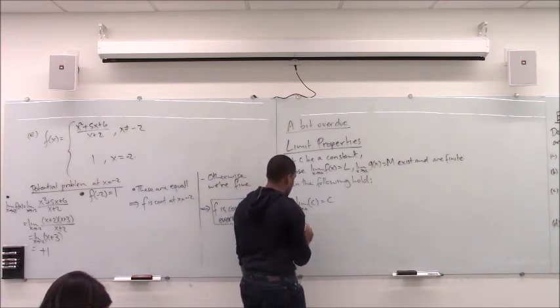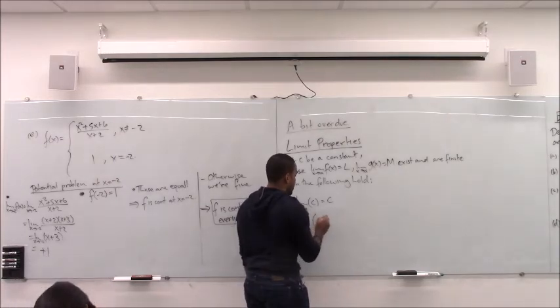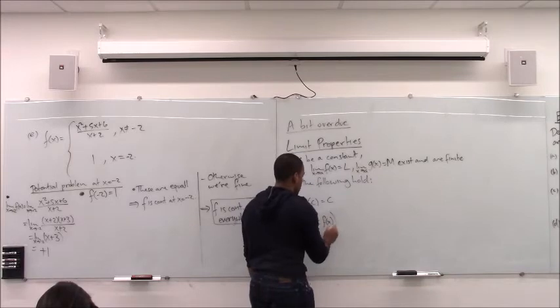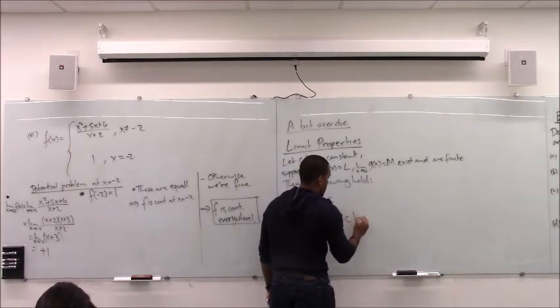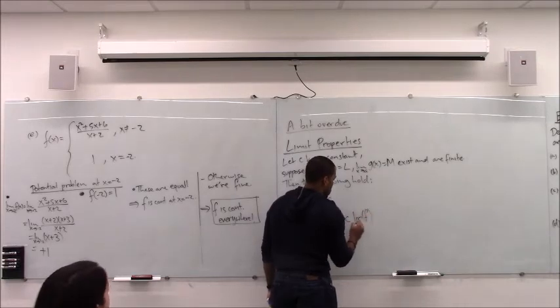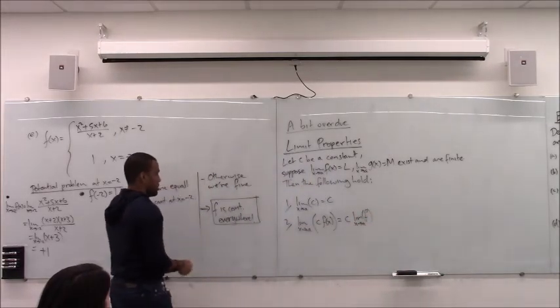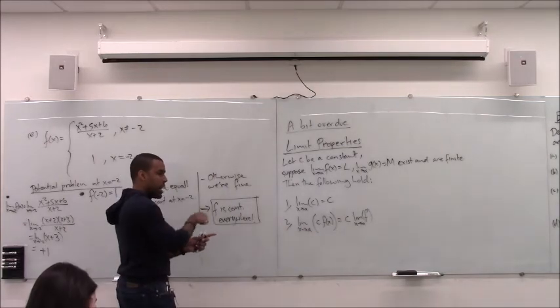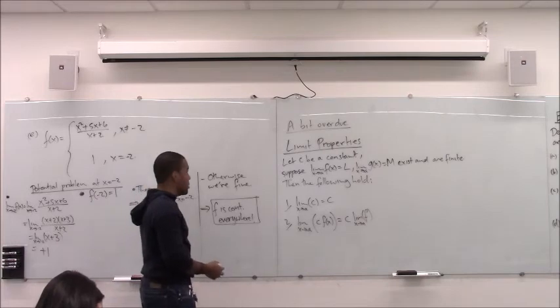Here's another thing you should know explicitly. If you have a constant times a function, then this is the constant times the limit of the function. In other words, you can factor constants outside of limits. You can move a constant in and out past the limit sign, and that's legal.